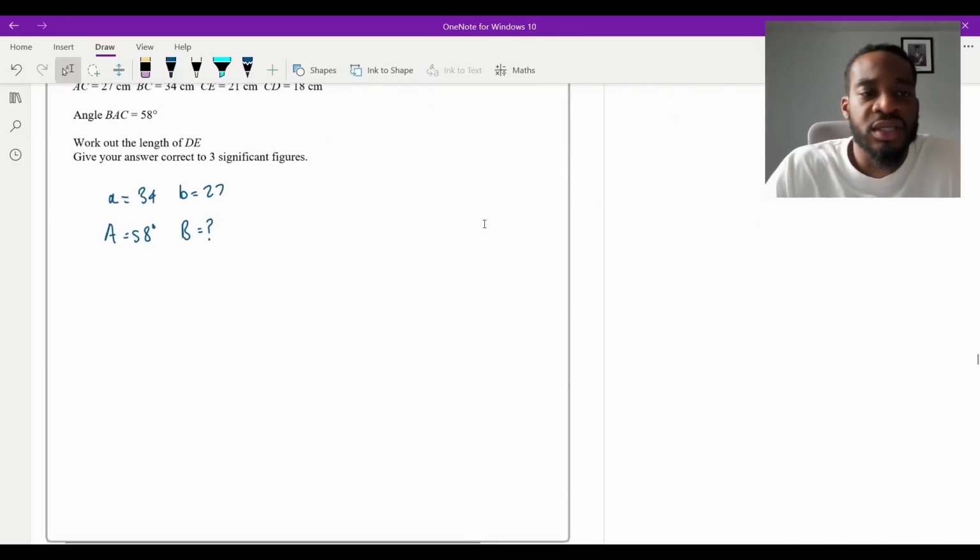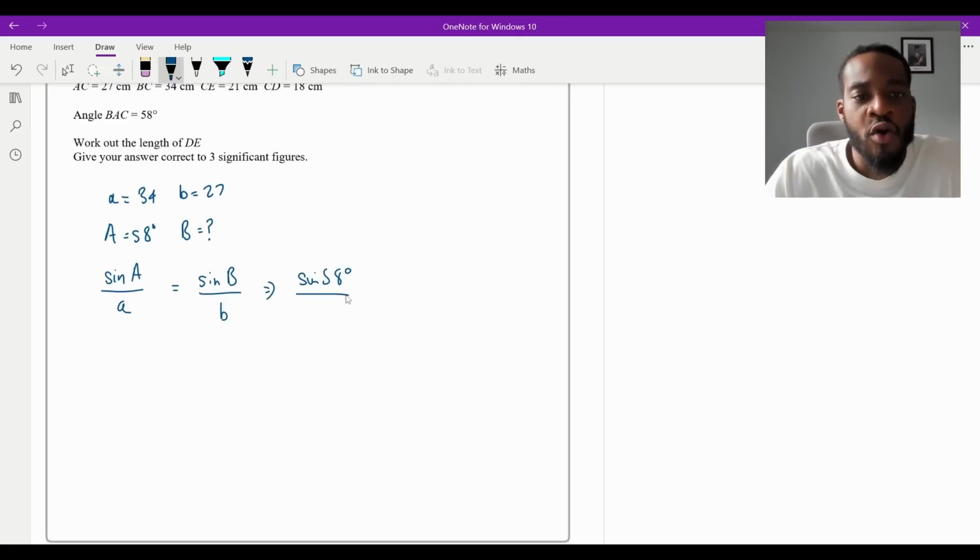So I'm going to use the sine rule now, which is sine A over lowercase a equals sine B over lowercase b. So that's sine 58 over 34 equals sine of capital B, which is what we're trying to find, over 27. And then I can just multiply that up.